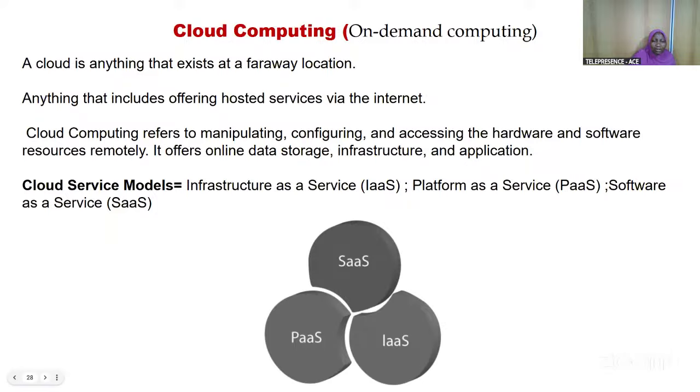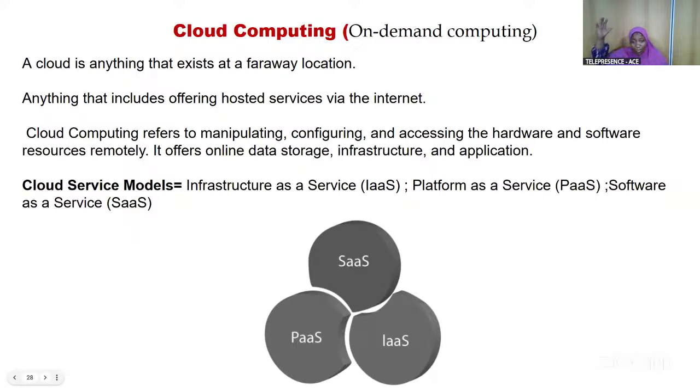Another important success story of the technology that actually predisposes office automation to what almost everybody is embracing is another technology called cloud computing or on-demand computing. I am within an office here.